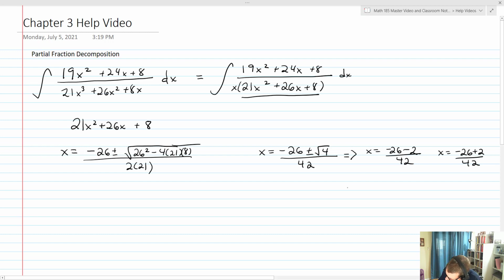So that means this x is going to equal negative 28 over 42, and that equals negative 2 over 3. And this x is going to equal negative 24 over 42. Oh, excuse me, that is negative 4 over 7. My apologies. And so those are our two roots.